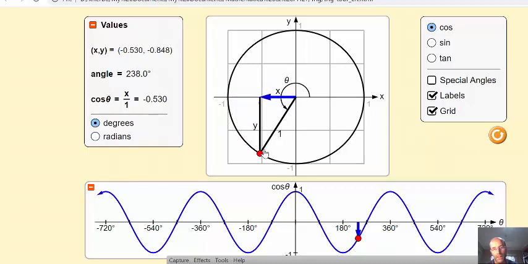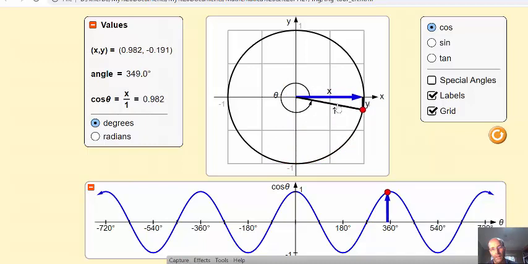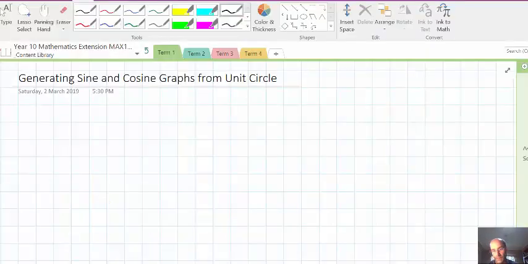See, the blue arrow gets shorter as I rotate it around. It's getting less negative, and you can see on the graph it's getting less negative, then it'll hit 0, and then the cos theta values will be positive again. So there's some interesting things there about that.